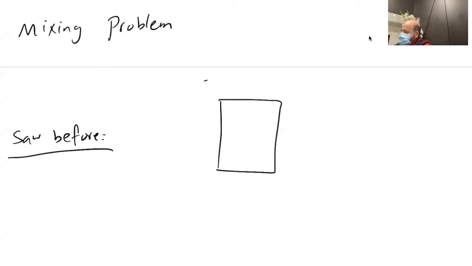Let's say we have one tank, and then let's say we have some water or salt water coming in, and we can have some initial salt amount in the tank. And also then the water comes in, or salt water comes in, and then mixing happens, and then there's also the mixture that goes out.